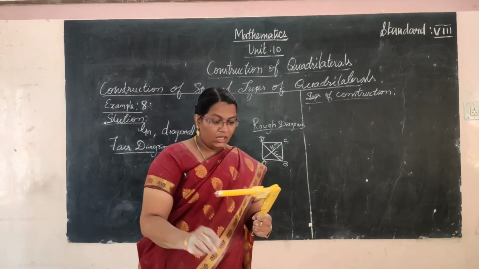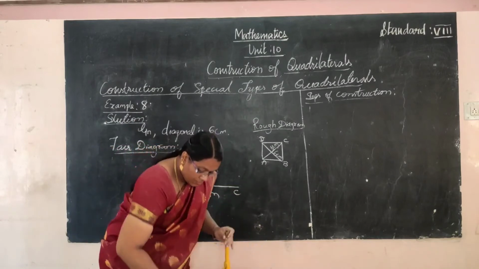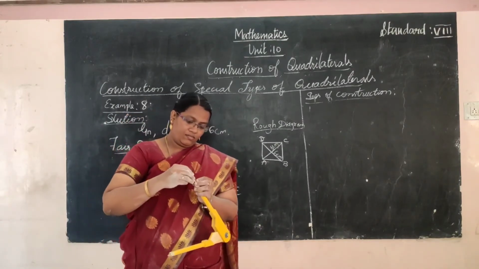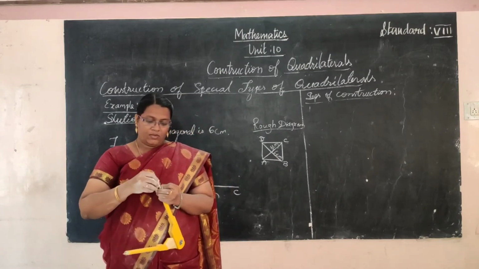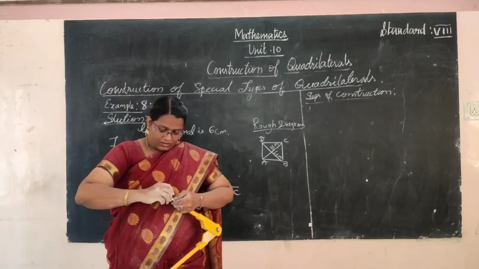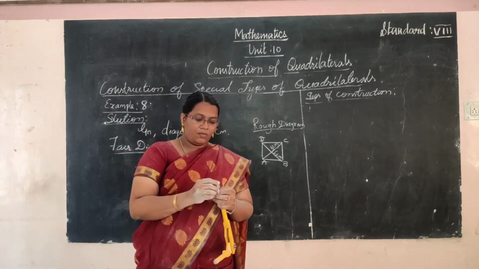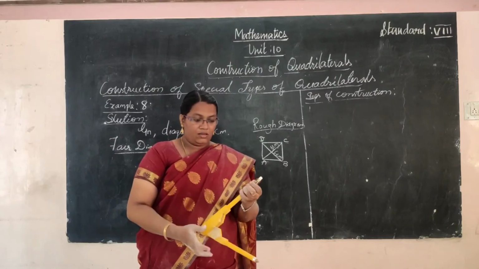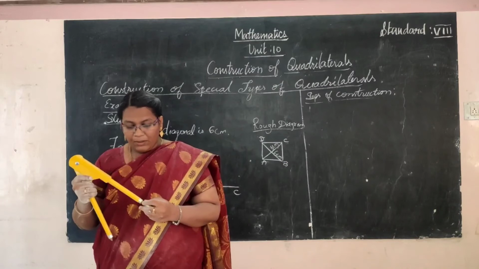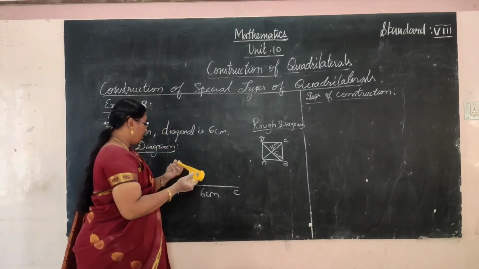After that, using the compass, we have to draw the perpendicular bisector of the line AC.